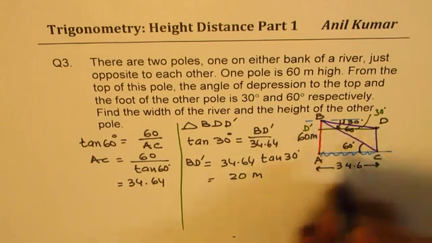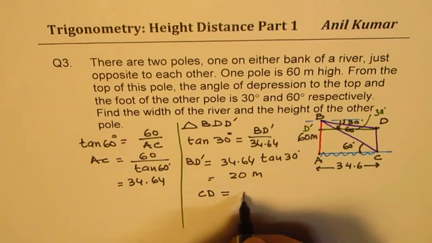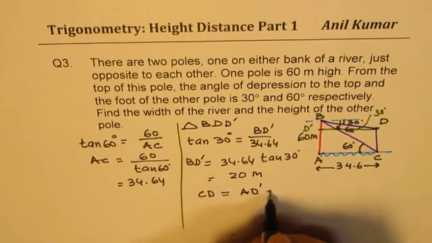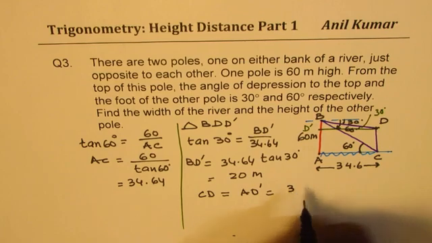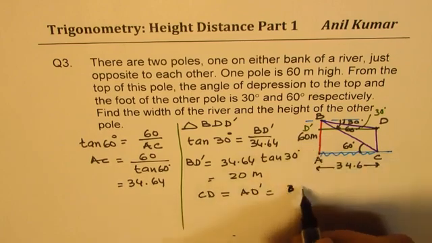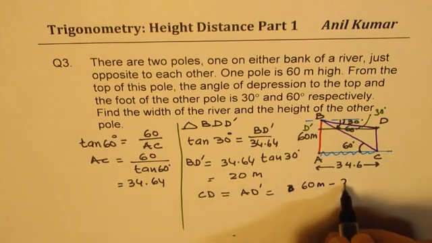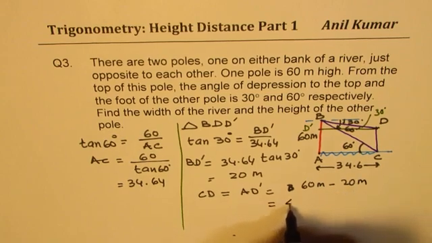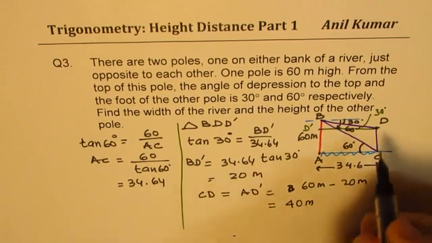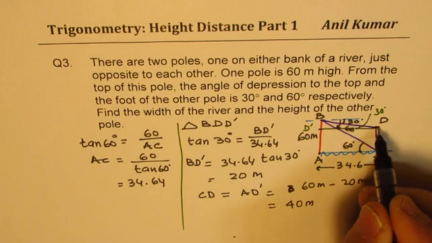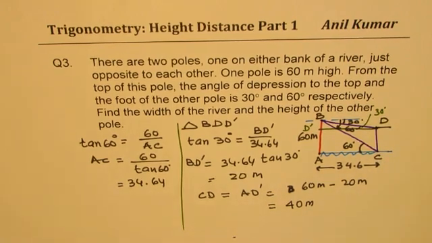So C to D is basically equal to A to D dash, right? Which should be equal to 60 meters minus 20 meters, and that gives you 40 meters as your height of the other pole, right? So we got all the answers.